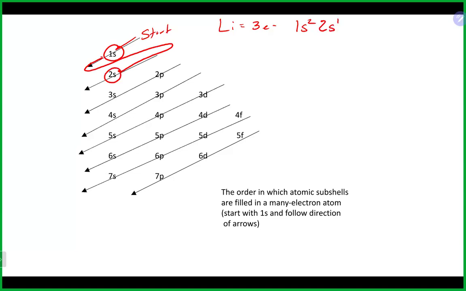If you count up the top numbers, 2 and 1 equals 3 total electrons. We have now placed 3 electrons in the atom. Once again, there are no commas, no dashes. That's how you write it: big 1, lowercase s, 2 on top; big 2, lowercase s, 1 on top.